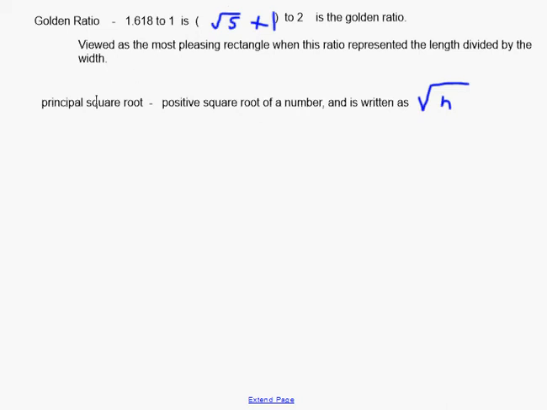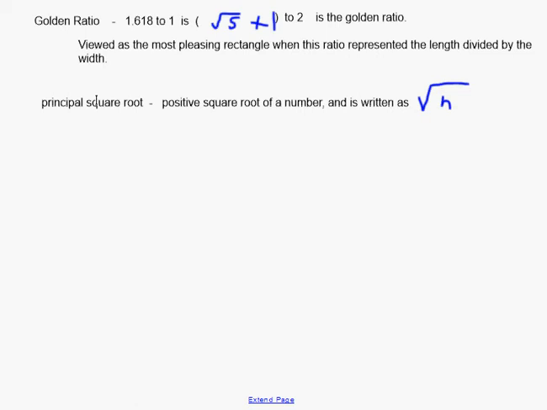Now, not all square roots are irrational. For example, square root of 16 is 4. But if I say square root of 7, that would be irrational. So it's all about whether it terminates or it goes on and does not repeat.